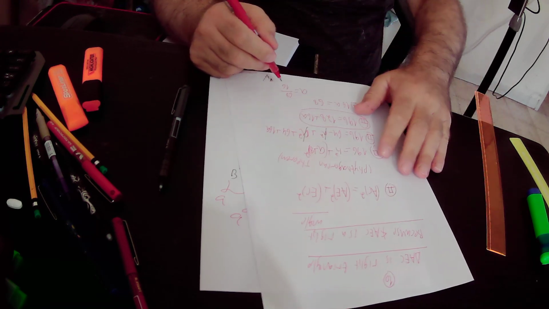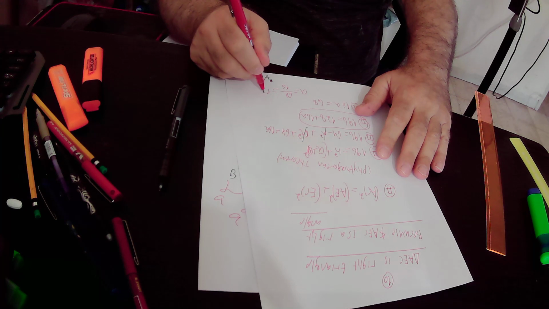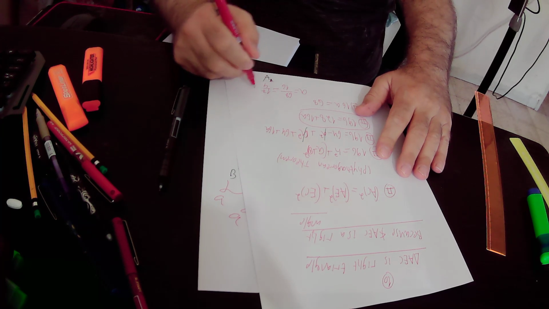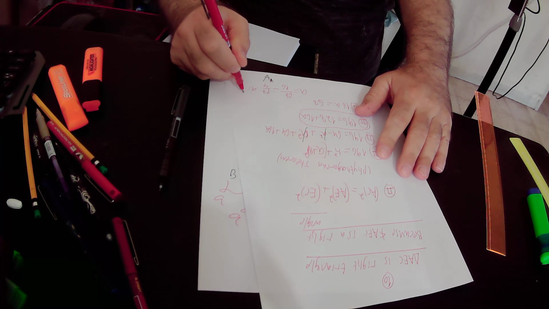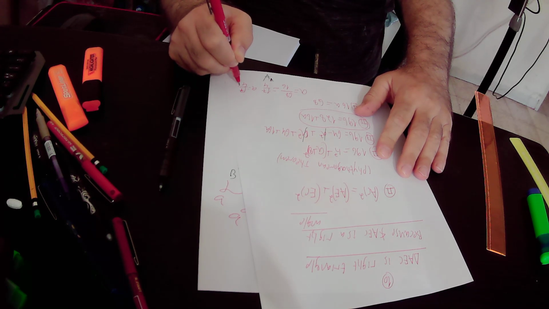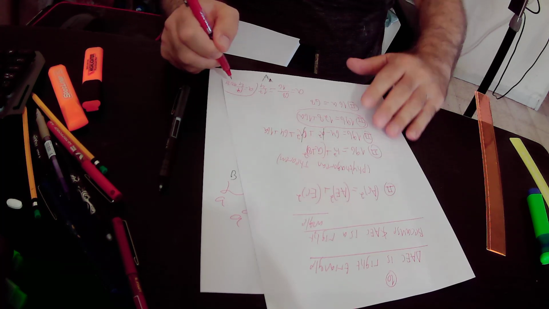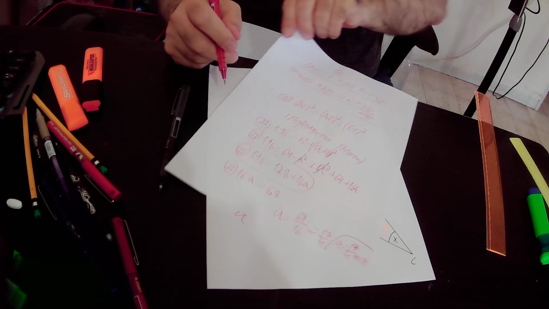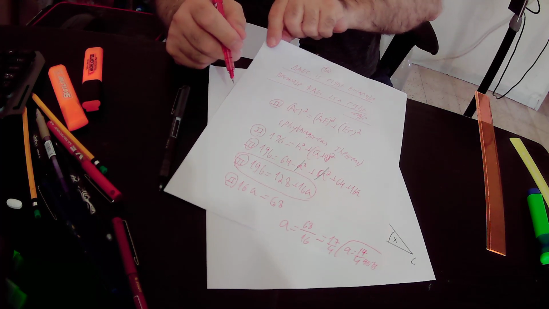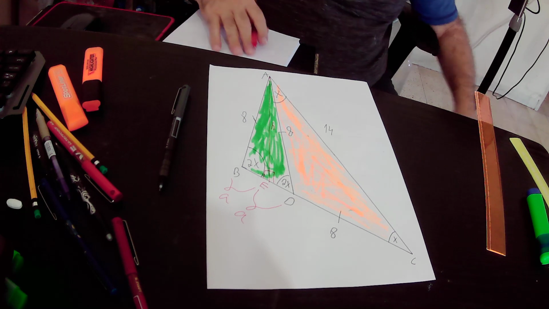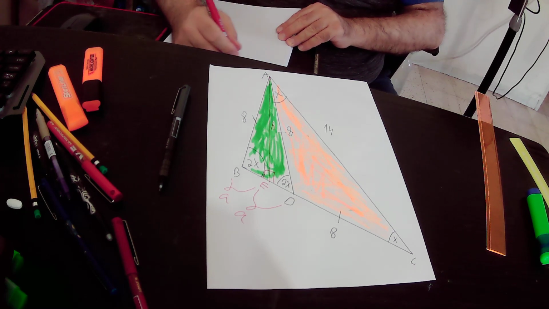So in total we get 17 over 4. a equals 17 over 4 units. Okay, we found out that a equals 17 over 4 units.